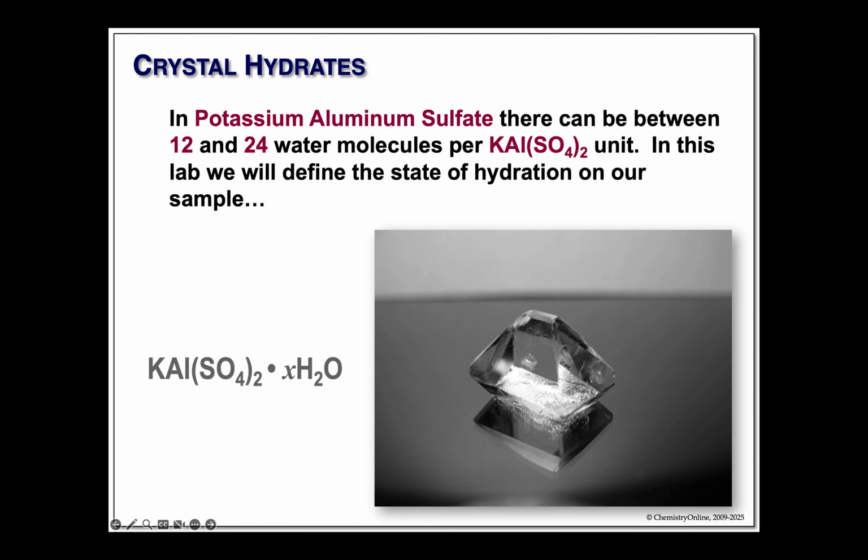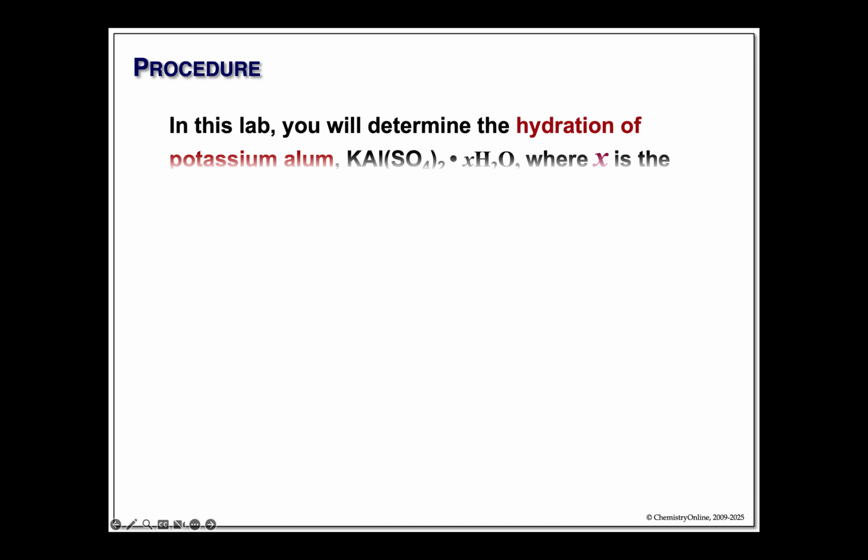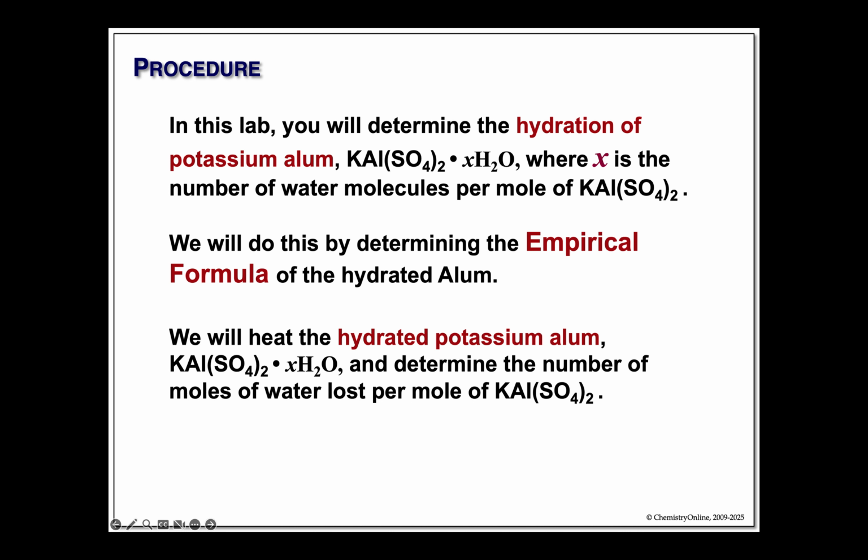For alum, again, what we're going to do is figure out X here. That's the number. It can be anywhere from 12 to 24. In the lab, what we're going to do basically is determine the empirical formula. We're going to take the potassium alum, heat it up gently.